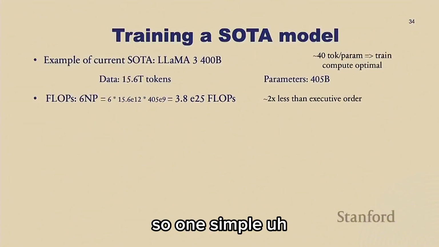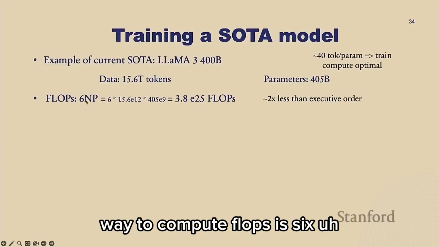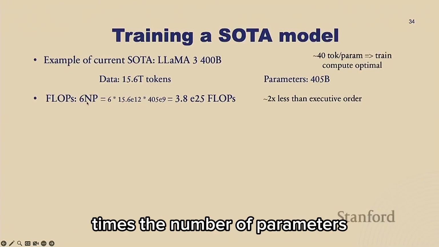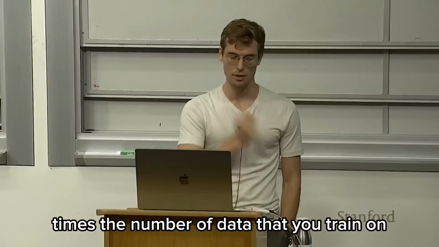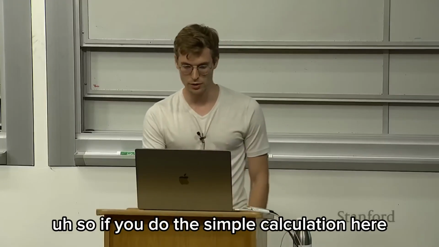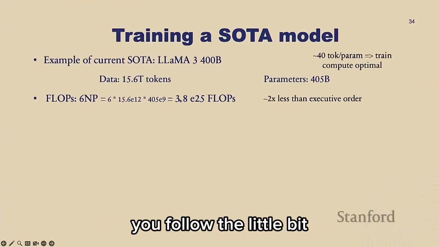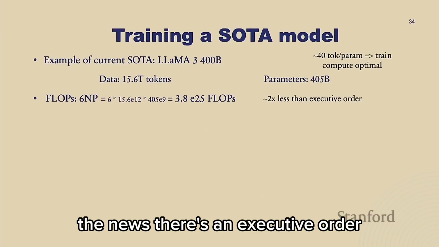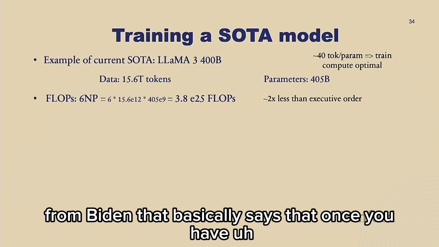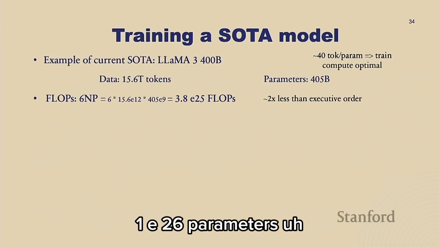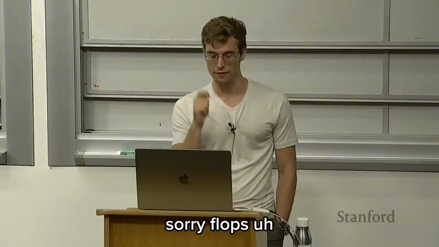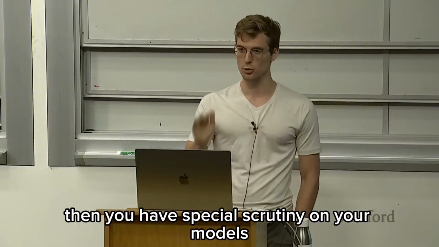Flops for this model. One simple way to compute flops is 6 times the number of parameters times the number of data that you train on. So if you do the simple calculation here, it's 3.8E25 flops. The reason why this is important is that if you followed a little bit the news, there's an executive order from Biden that basically says that once you have 1E26 flops, then you have special scrutiny on your models.